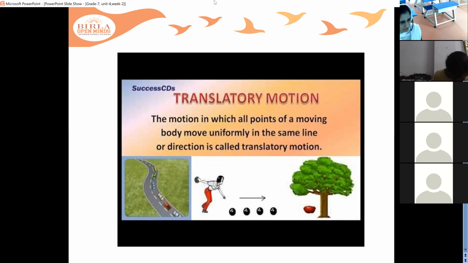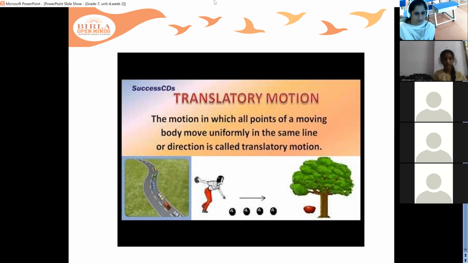Kinematics. And what is meant by dynamics?